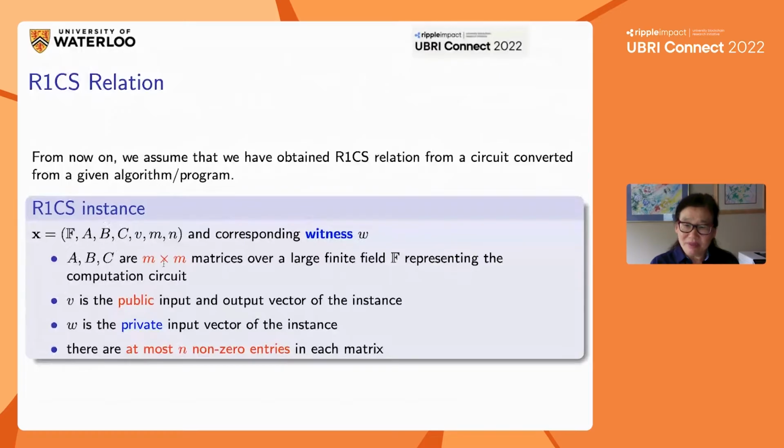Basically, we have three matrices. I will show you right away. And V is the public input and output vector of the instance. And W is the private input vector of the instance. And we also assume that in these three matrices, the non-zero elements are bounded by N.